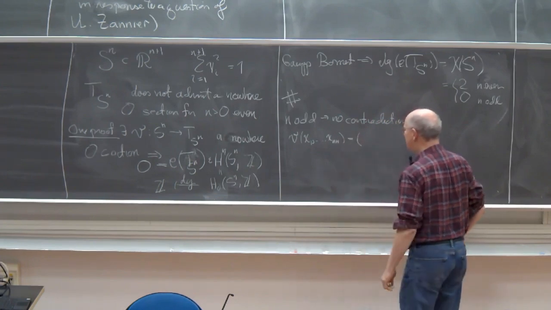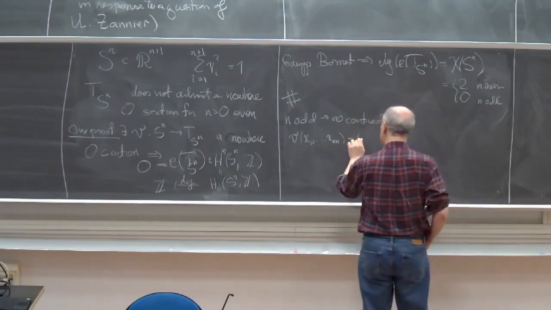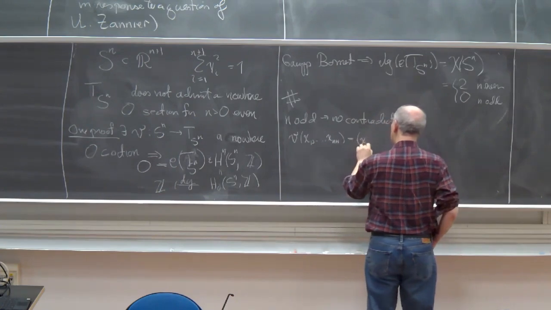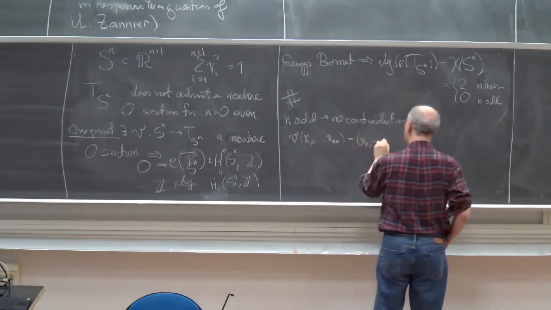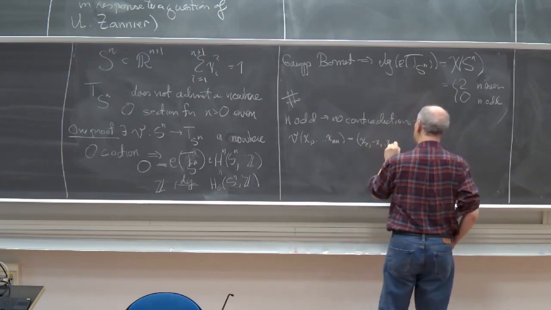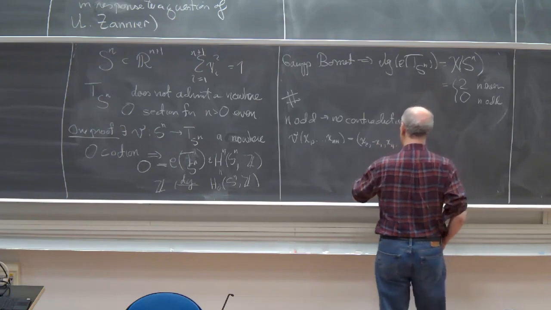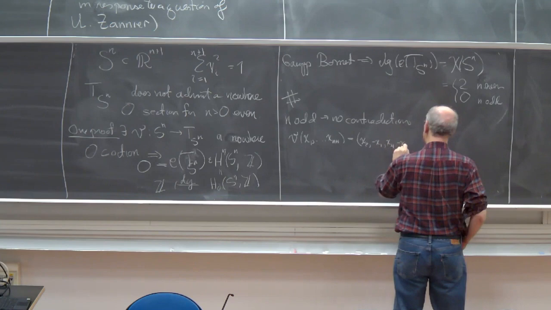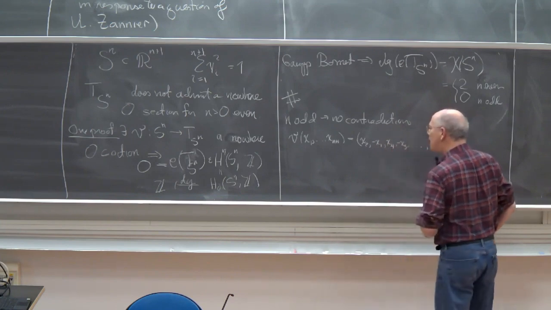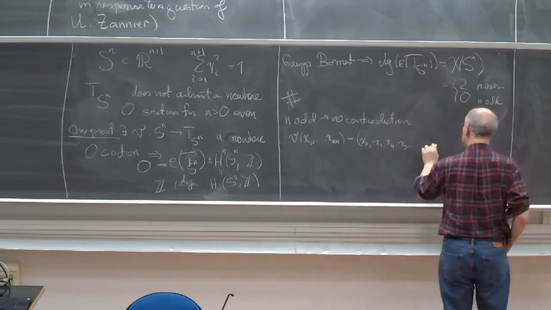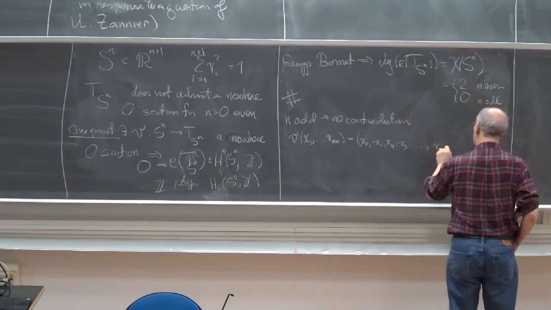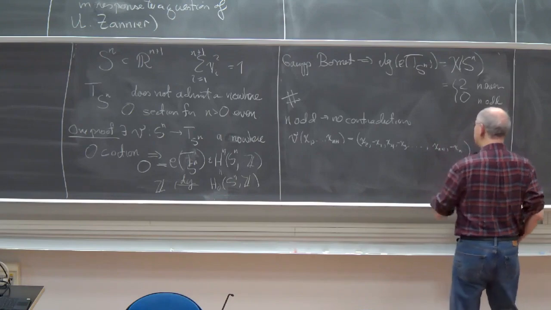Let's see if I get this right. I think we can do something like take x_2, minus x_1, x_4, minus x_3, and so on. n is supposed to be odd, so n+1 is even, so it ends up with minus x_n.